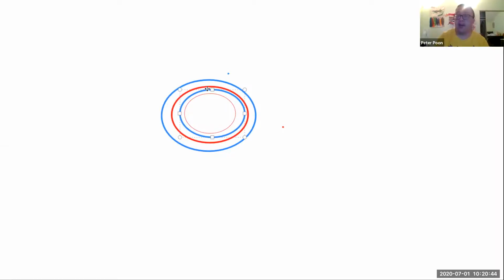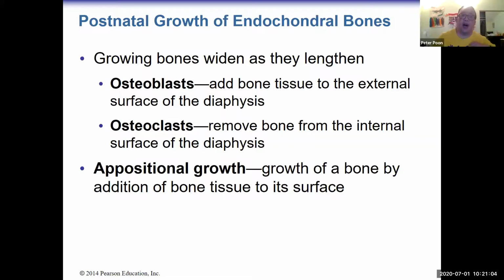So I eat away at the inner ring and grow more in the outer ring, and therefore now I'm bigger and stronger, but not much heavier. So the osteoblasts add bone tissue to the external surface. The osteoclasts remove bone from the internal surface. And that is appositional growth.